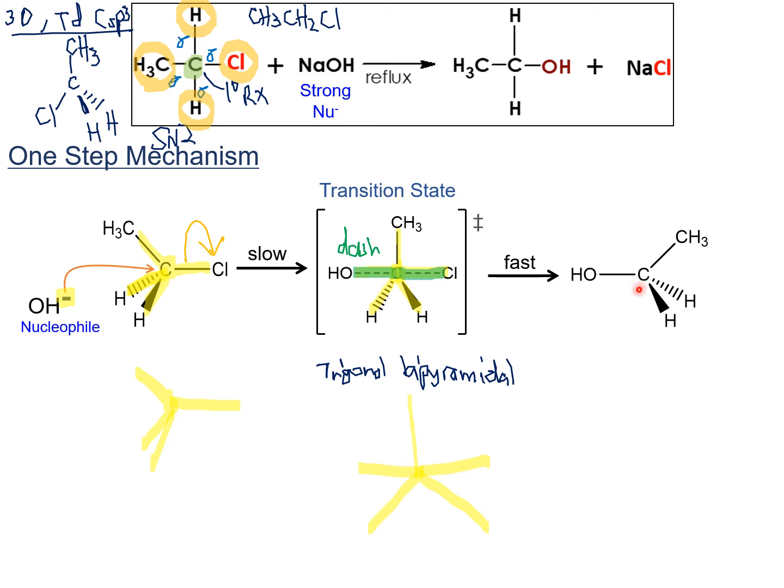Okay. And then the Cl separates from this carbon. So you get the side product Cl minus. And then you can see the shape becomes inverted. It's no longer like this. It is inverted to the other side. So I want you to please get this shape right.